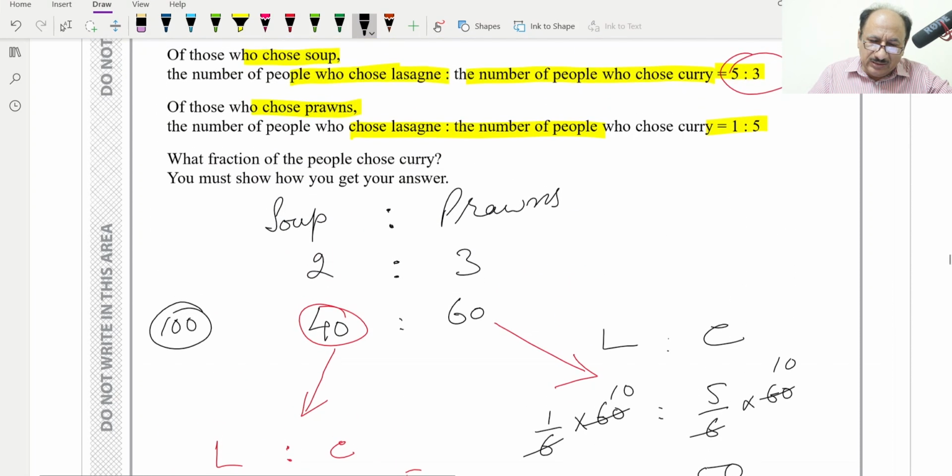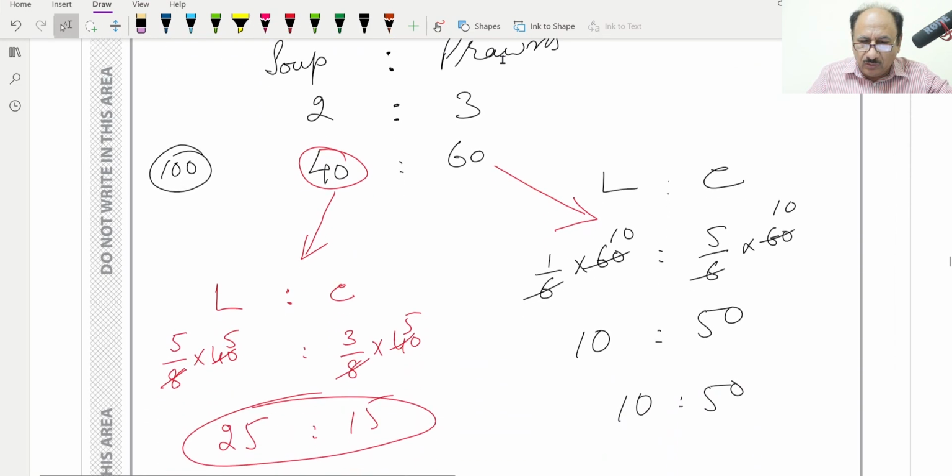Now they are asking the last part, what fraction of people choose curry? You must show your answer.